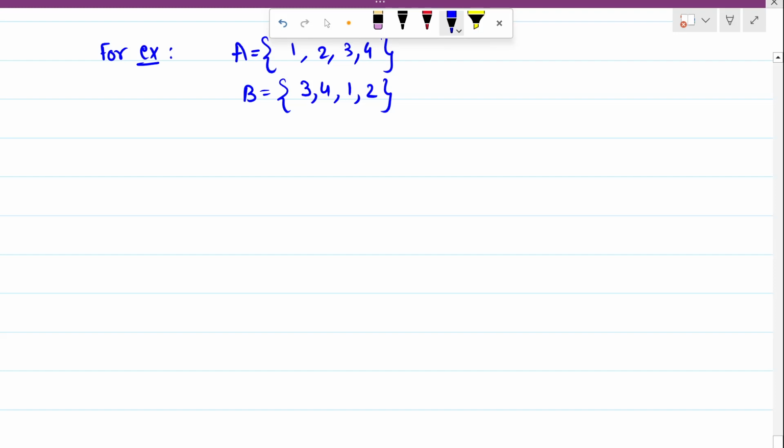So from the property of sets, because we know order is not important, we can say A is equal to B, since every element of A is in B and every element of B is in A, so it implies that A is equal to B.